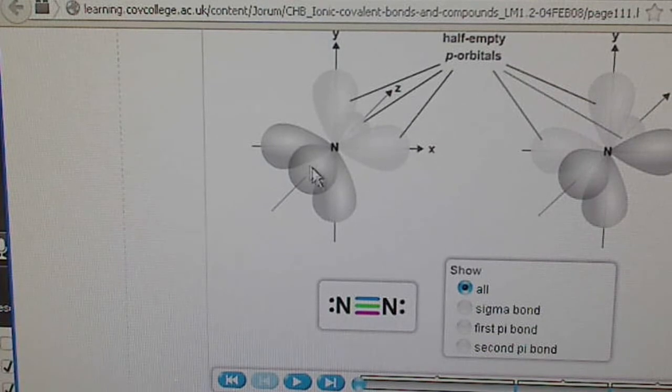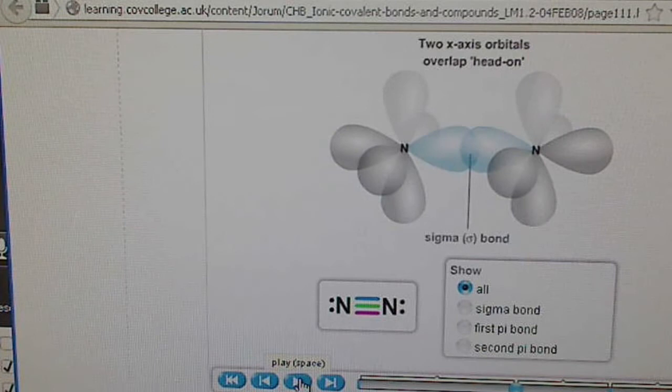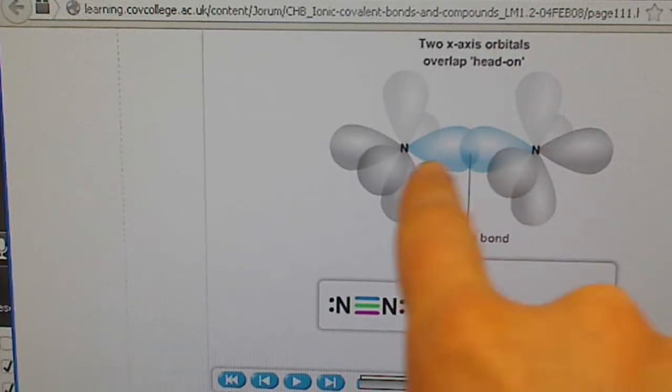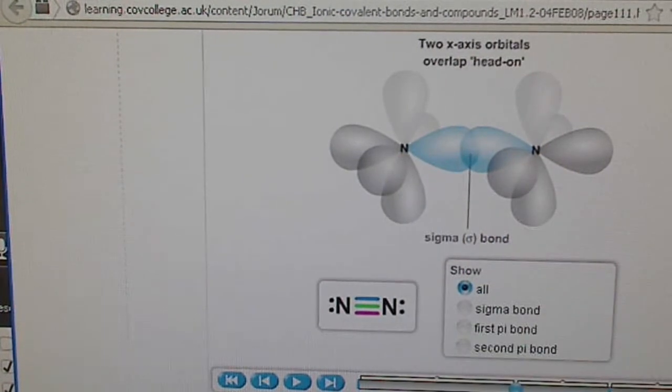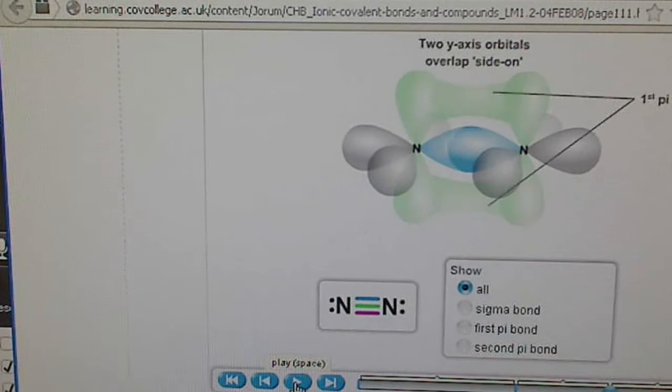So up here we have nitrogen. These are all the p orbitals. So we have px, py, and pz. The first bond that's formed is our sigma bond. That's the head-to-head overlap, and that overlap occurs in between the 2 nitrogen atoms. The first pi bond is an overlap from our pz orbitals.